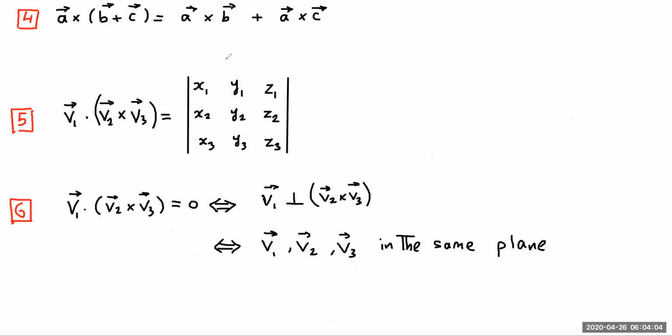Remark number 4, we have the property of distribution of cross products on the addition. It's like the properties of number, product over addition of numbers.